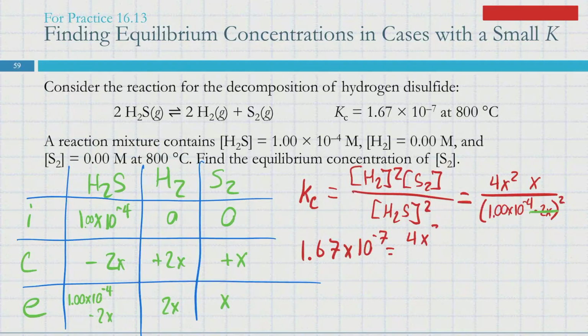We'll have 4x cubed over 1 times 10 to the minus 4. Do we square the 1 constant and make it 4 or no? Yeah, that is squared.